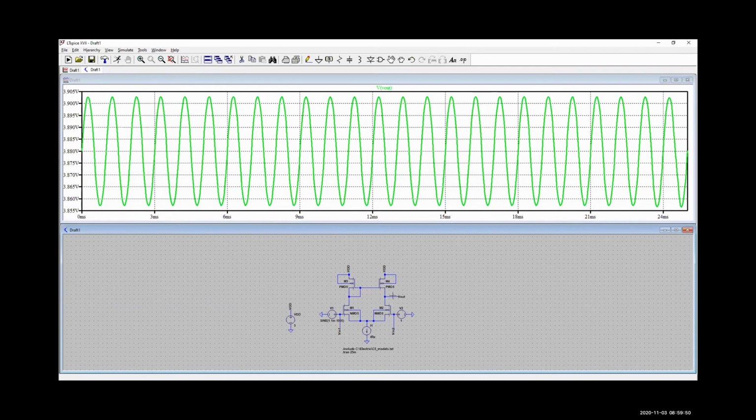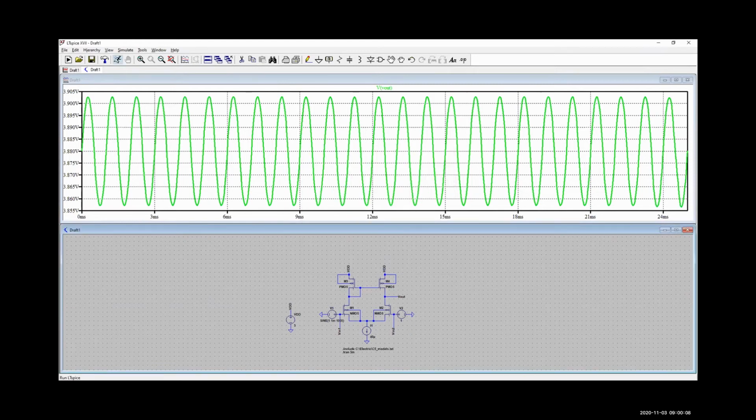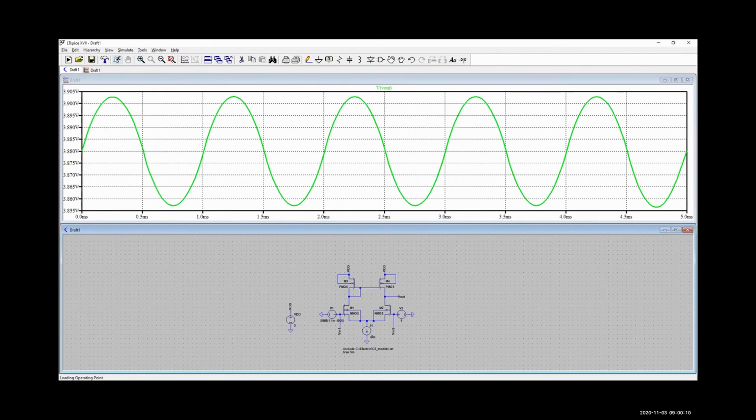So we have a signal. Let me change my analysis, edit simulation command. Let's do it over 5 milliseconds again. It's centered around 3.880 volts.